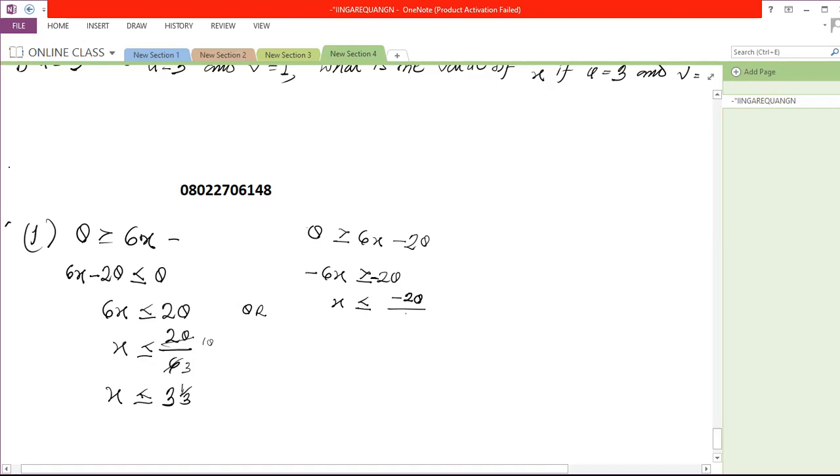So minus 20 over minus 6. So in essence, what we are having is still 10 over 3, and that's 3 whole number 1 over 3. You can see that we get the same answer. Are you there? Yes. So that is why you missed it.